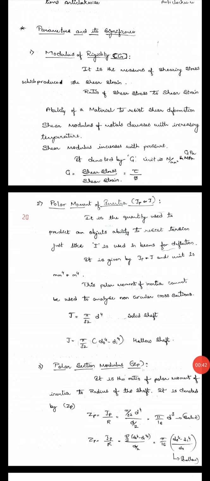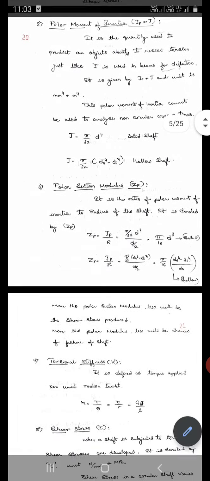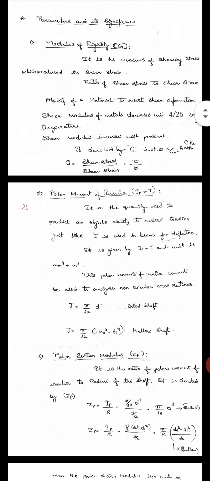decreases with increasing temperature. Shear modulus increases with pressure. It is denoted by G, capital G, and the unit is Newton per mm square or GPa. So modulus of rigidity, capital G, is nothing but ratio of shear stress to shear strain.